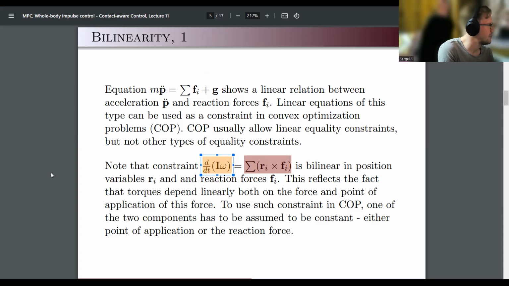So the right-hand side here is bilinear. There are two components, Ri and Fi, where Ri is a position. You could say it is the vector that points at the point of application of the force. But we know what the point of application of the force is. That is the point of contact. The vector comes from the origin around which we measure this Euler equation, for example, from the center of mass.